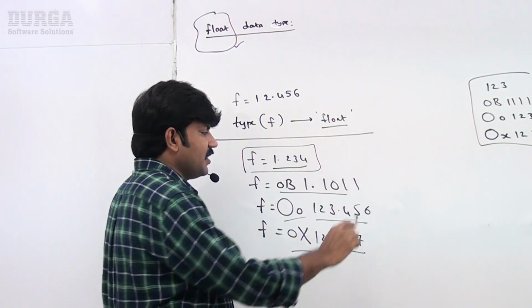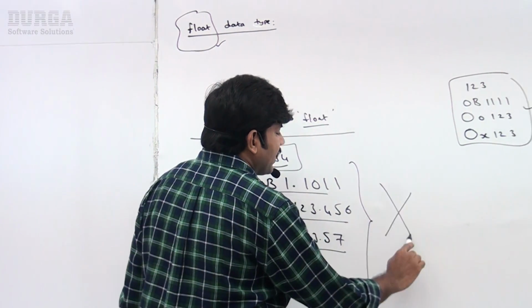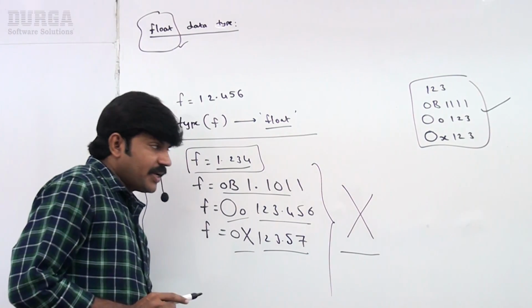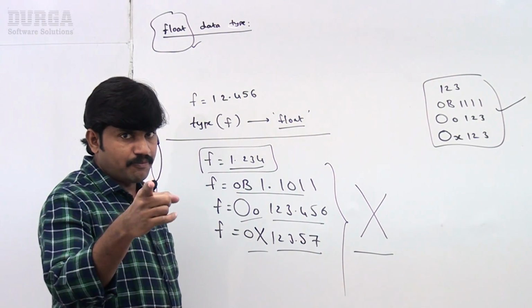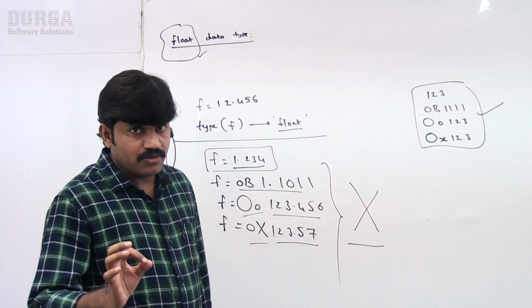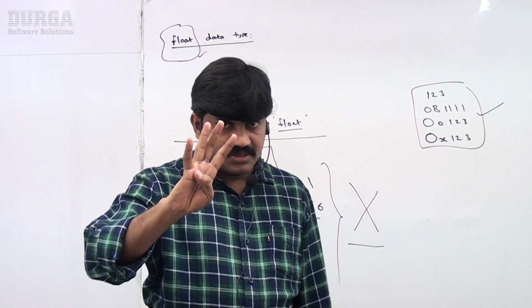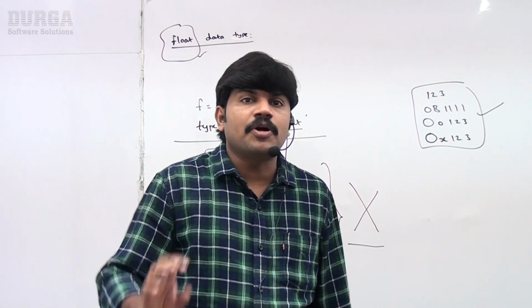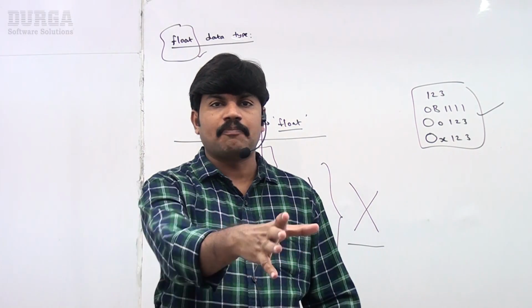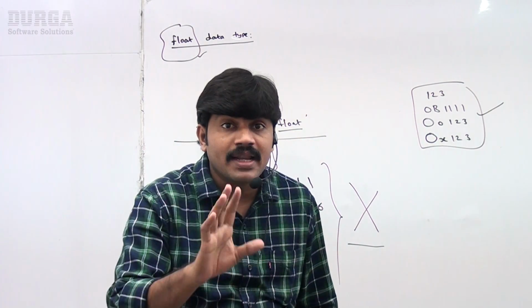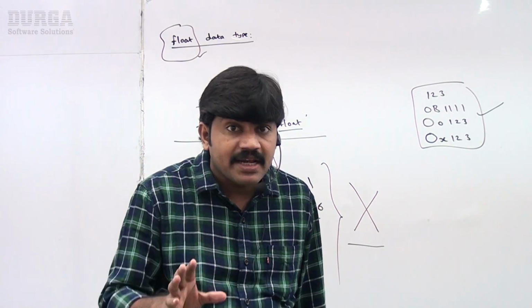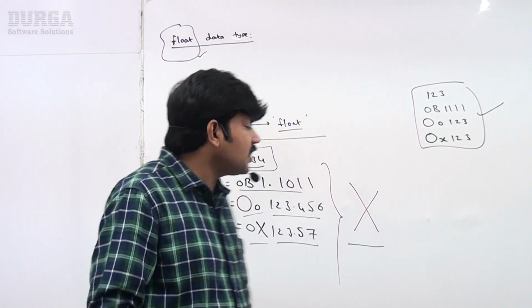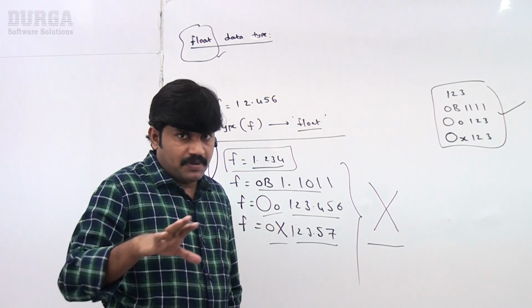In all these cases we are going to get a syntax error. Very important point: integral values you can represent in four ways, either decimal, binary, octal, or hexadecimal. But floating point values you should represent only in decimal form. Binary, octal, hexadecimal conventions are not applicable.